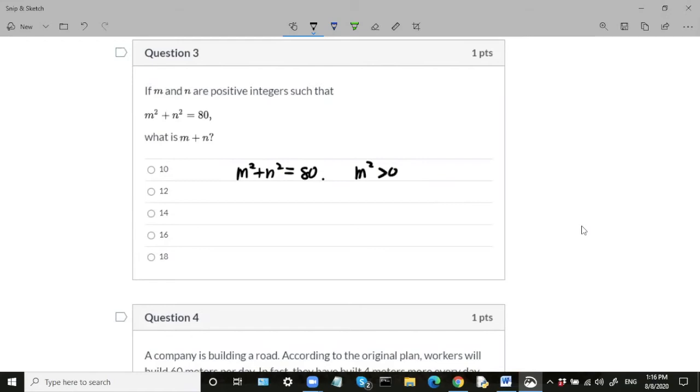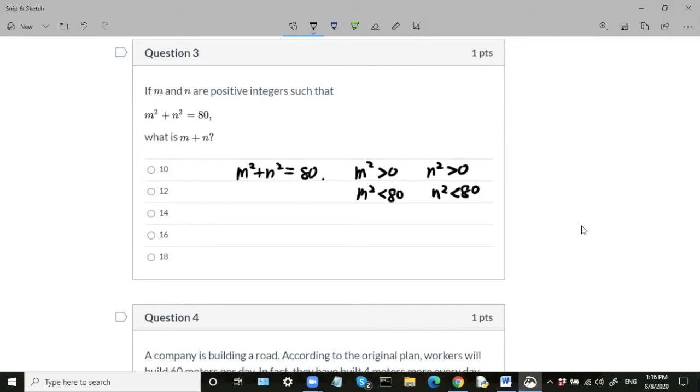For real numbers m squared can equal 0, but m here is a positive integer, so m squared is greater than 0. Okay, n squared is also greater than 0. So then m squared should be less than 80, and n squared is also less than 80.